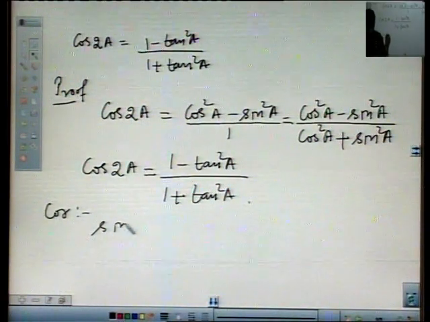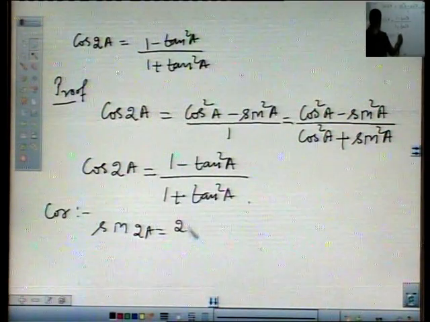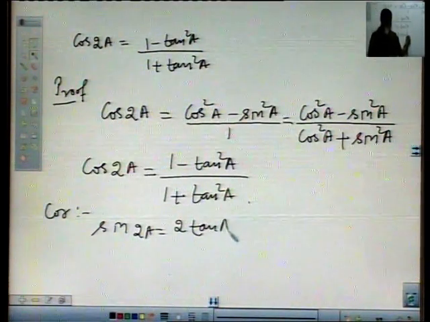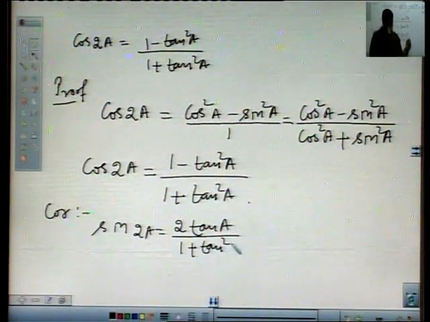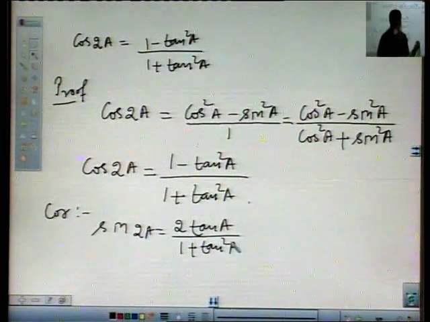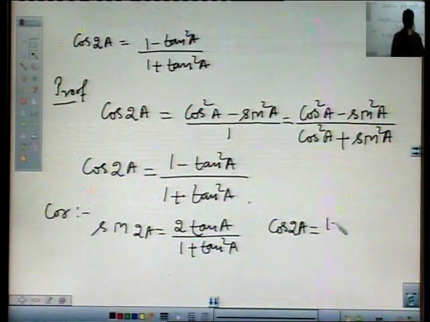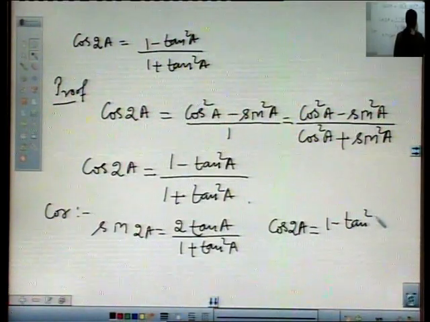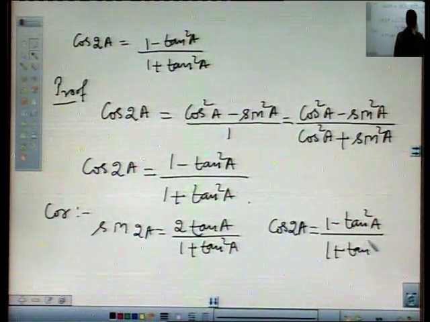Their corollaries: sin 2a is 2 tan a upon 1 plus tan square a, and cos 2a is 1 minus tan square a over 1 plus tan square a.